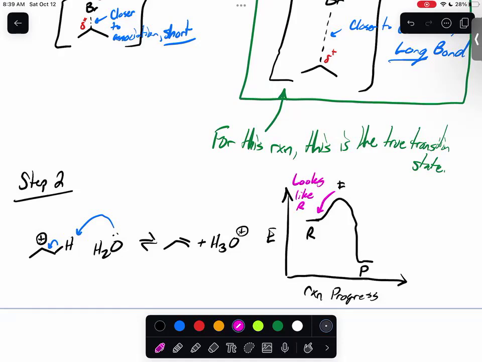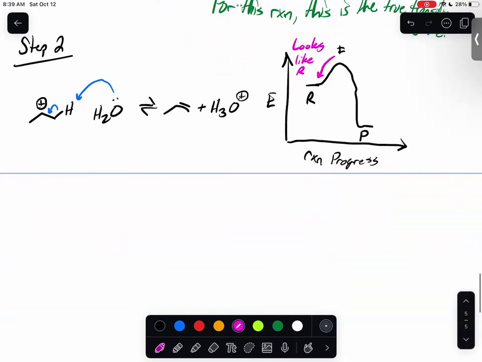Okay, and this one's going to take a little bit more thinking as we draw it out. So the first thing that I always recommend when we're drawing these transition states is I say actually draw out the transition state, and we can label the bonds as long or short later. We don't have to immediately draw them as long or short because sometimes it's a little easier to just draw stuff out first.